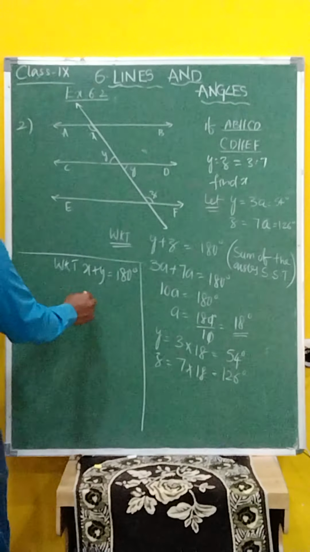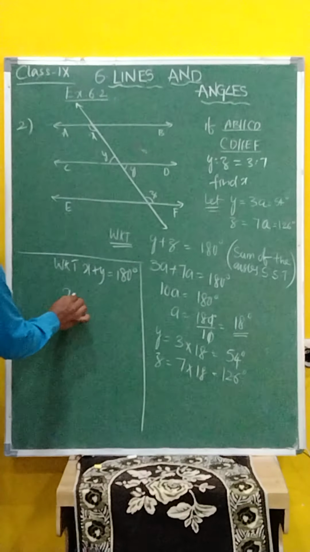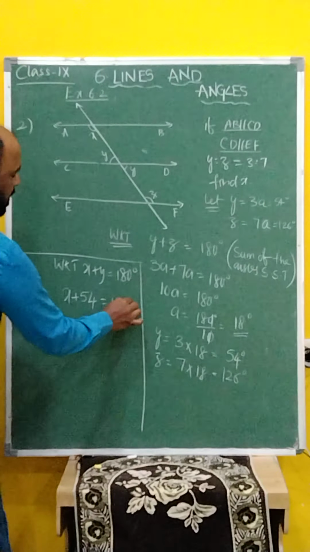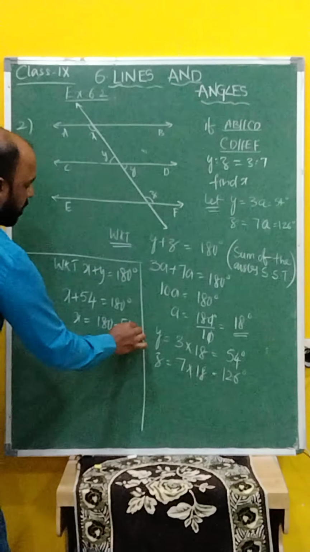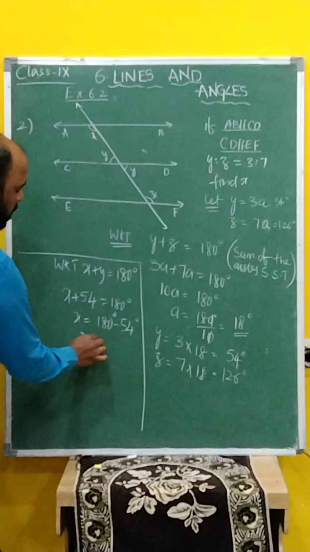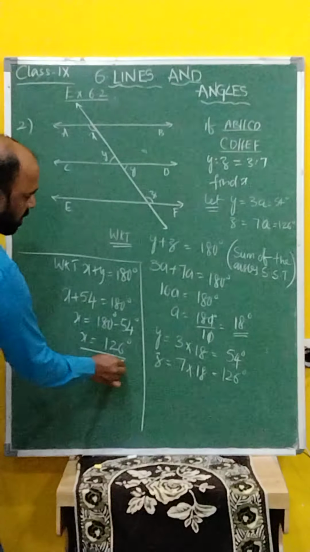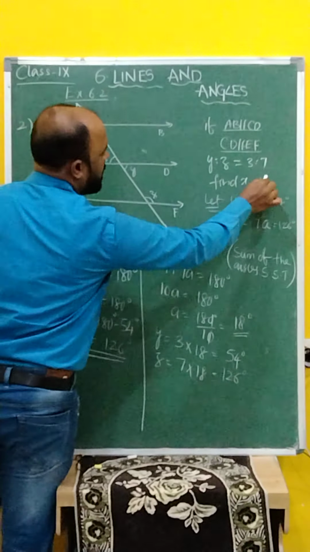Applying the y value 54, x plus 54 is equal to 180 degrees. Then x is equal to 180 minus 54, which is 126. Clear children? The x value finally is 126.